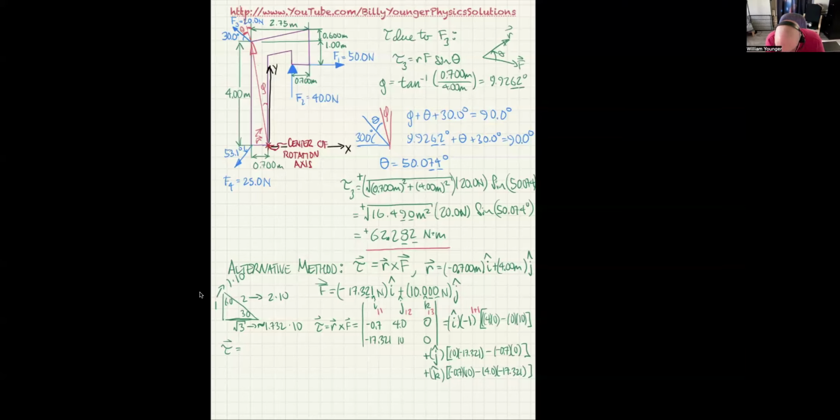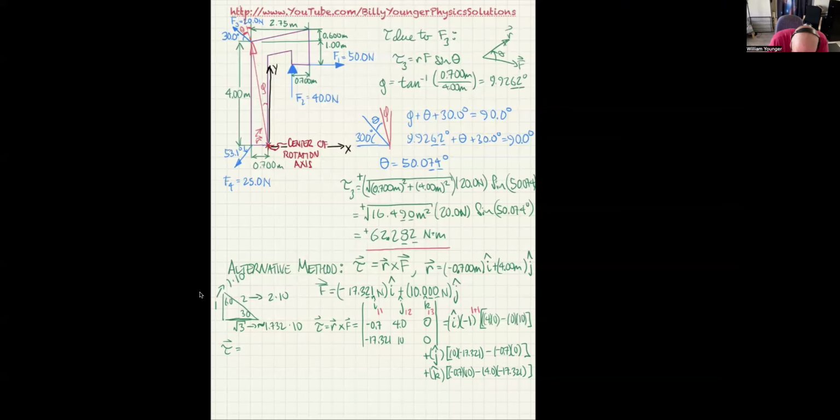And then negative times a negative is going to give us a positive. So 4 times 17.321, 4 times 17.321 is 69.284.